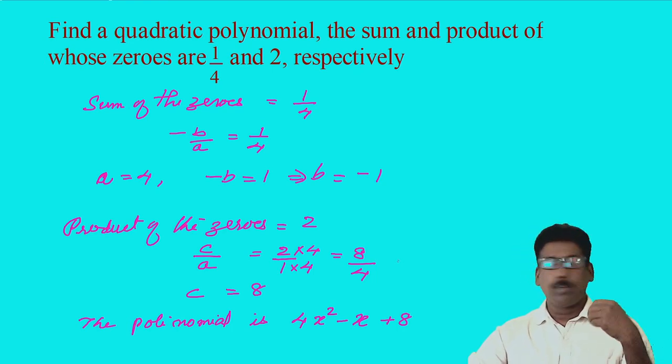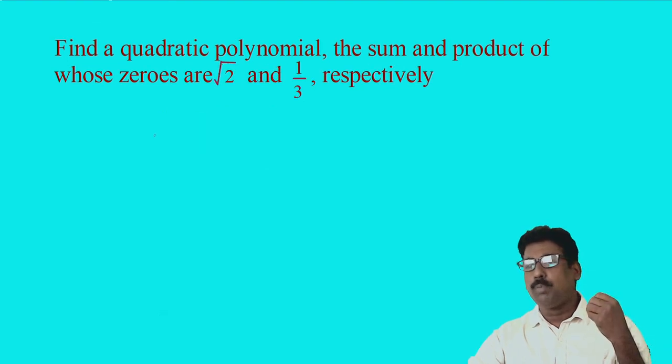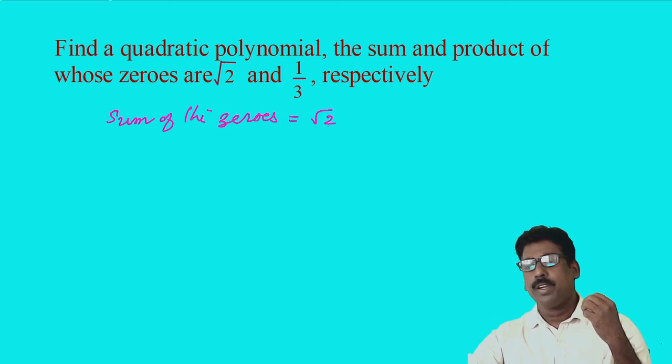Let me discuss one more question. Find a quadratic polynomial, the sum and product of whose zeros are root 2 and 1 by 3. That means sum of the zeros, you can write it as root 2.